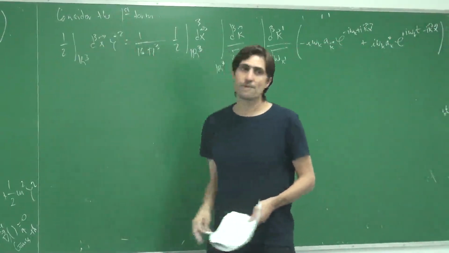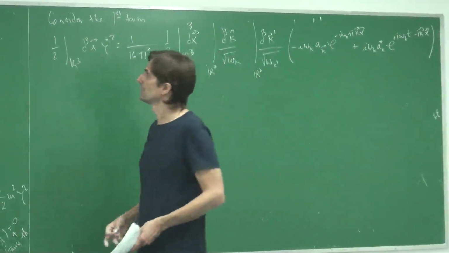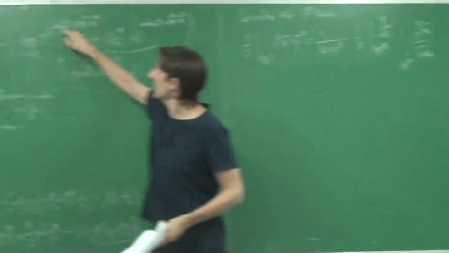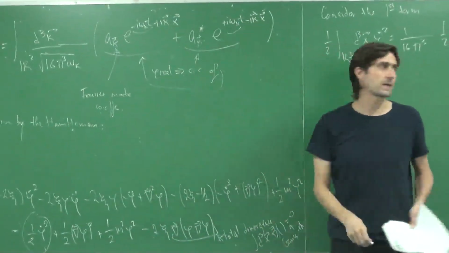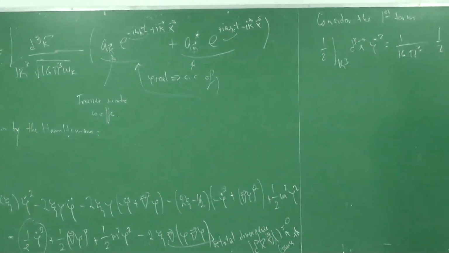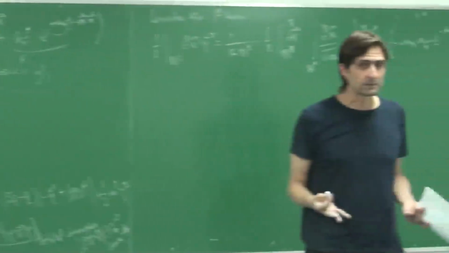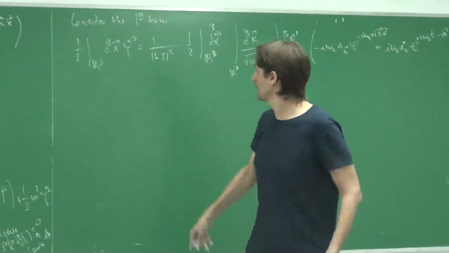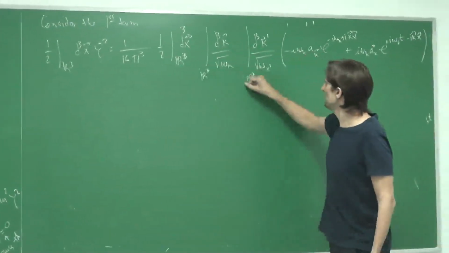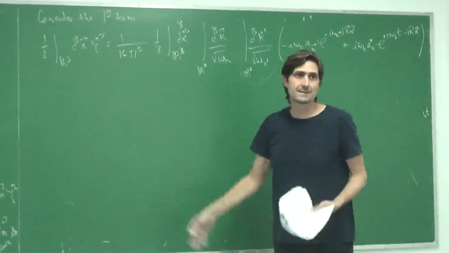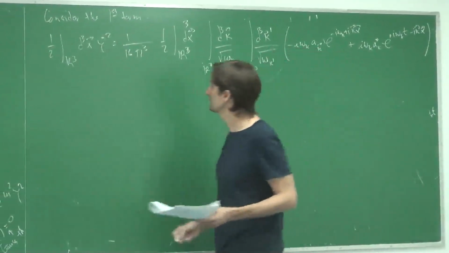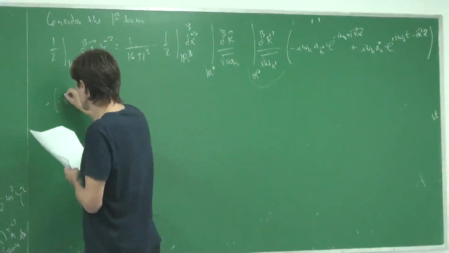From one phi dot, okay, brought down a minus i omega k from this and a plus i omega k from this. It's squared, okay, so we need to include the bit from the other factor, and it's the same with k going to k prime. So it's minus i omega k prime.